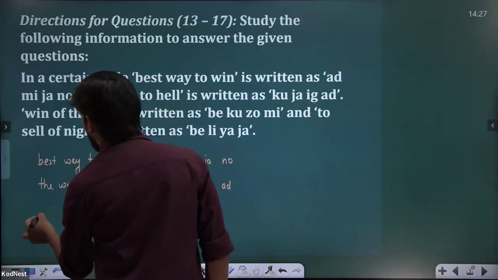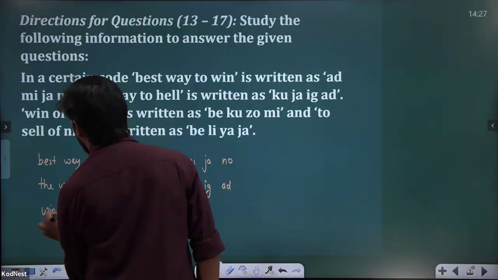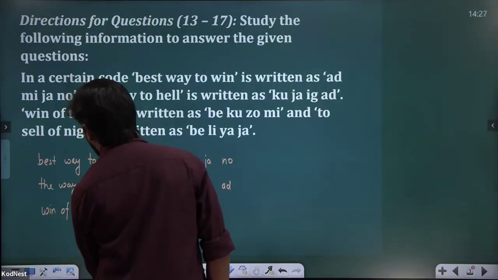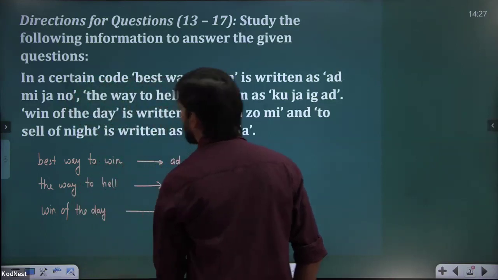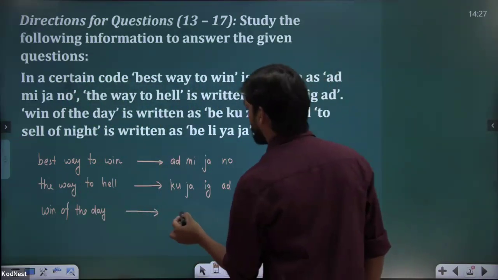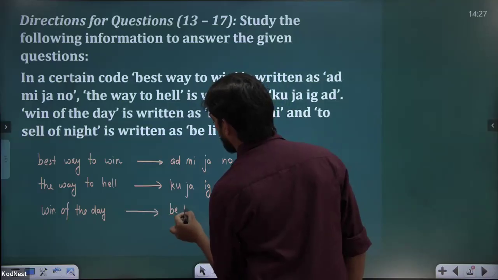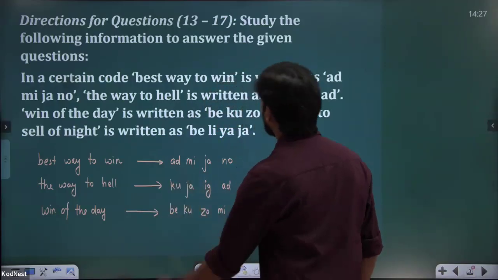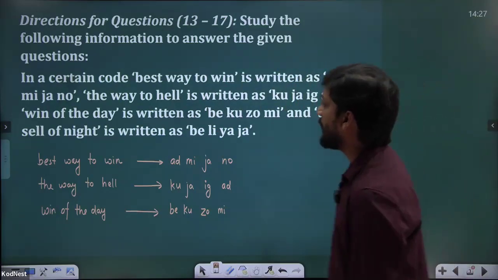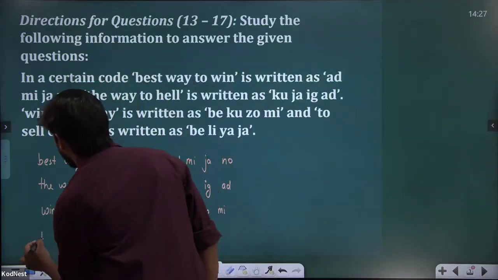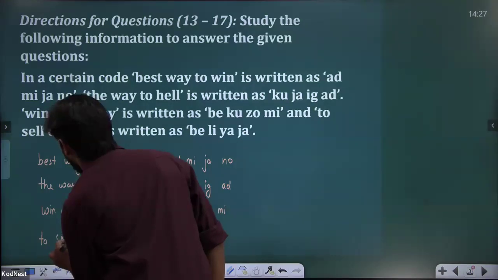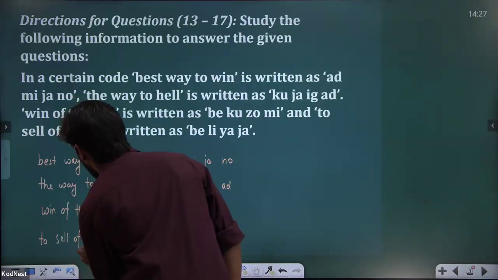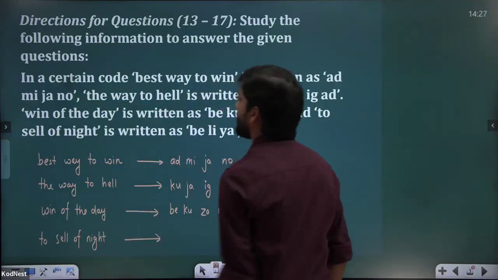Okay. Win of the day. Be Kujomi and to sell of night. Okay.